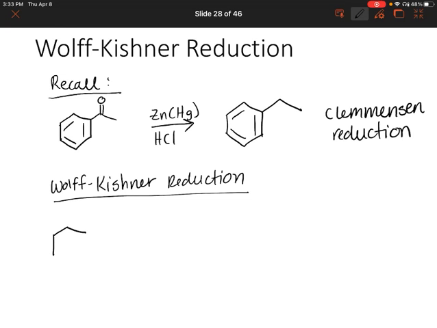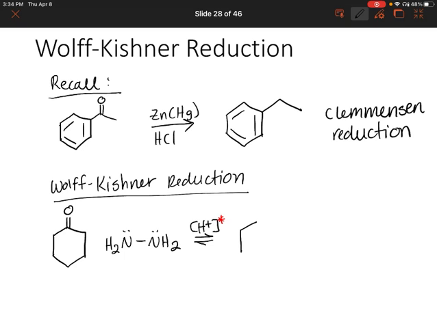involves the reduction of an imine. So let's say we have a ketone like this one, and let's add that hydrazine to it. Using that buffer again.